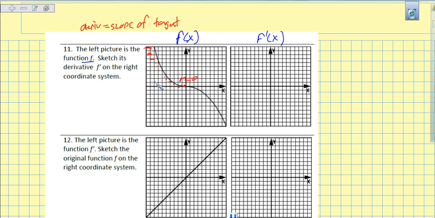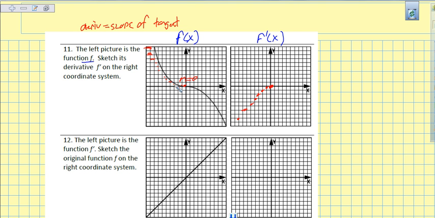So we're just going to come over here and we're going to put some negative values here. And we notice that at the origin it's equal to 0, right? And then it never turns positive, does it? It never turns positive. It just kind of gradually gets here.